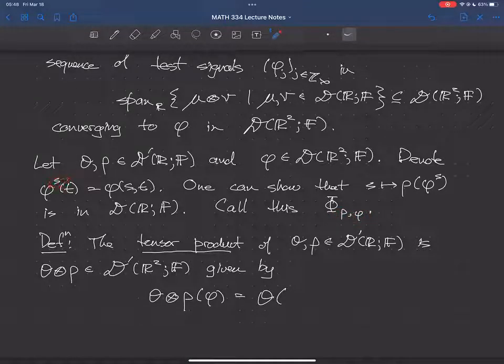Then I take the resulting function of that argument, think of it as the variable, and hit it with theta. The construction makes sense because this thing is in D.